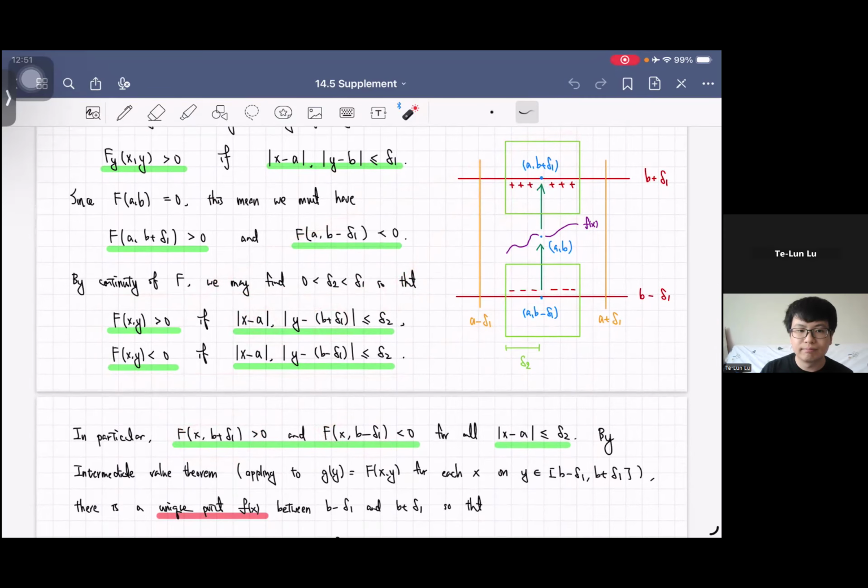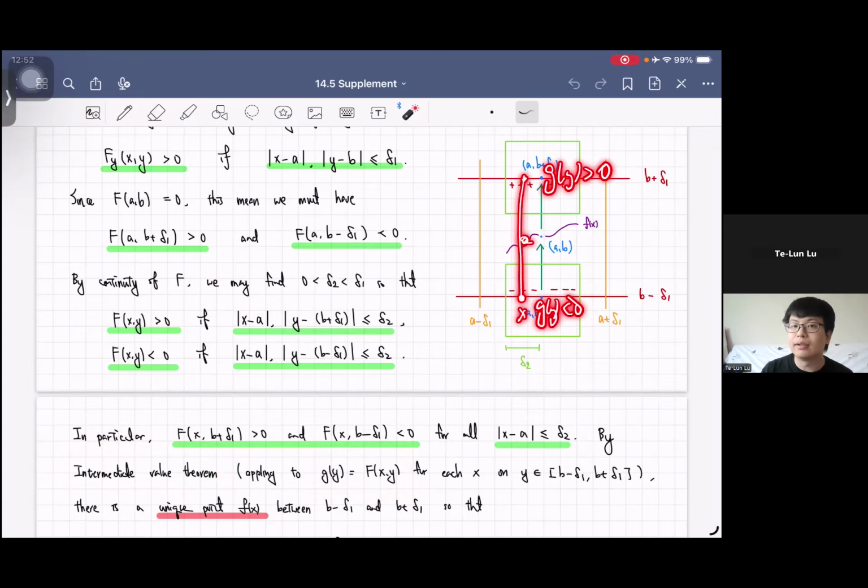Okay? And based on the intermediate value theorem, the function value is negative here, and positive here. So there will indeed be some point where you have a root, meaning that f will be 0, right? We're applying this to the function g(y) equals f(x,y). So fix a particular x, then g(y) is negative here, and g(y) is positive here.